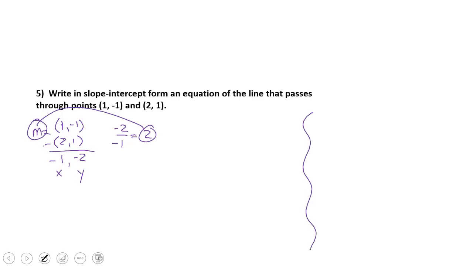So I'm going to come over here again, I'm going to divide it up, and I'm going to use my point-slope form, and I'm going to write y minus, and again I'm going to use this first point, I'm going to put y1 right here, so y minus -1 equals slope, which I have is 2, times x minus, well, my x1 is 1, so I'm going to put that right there.